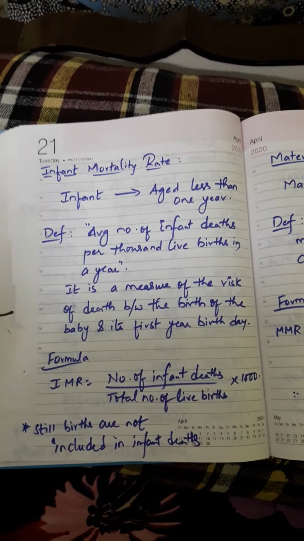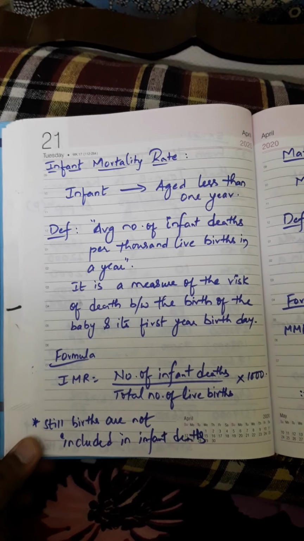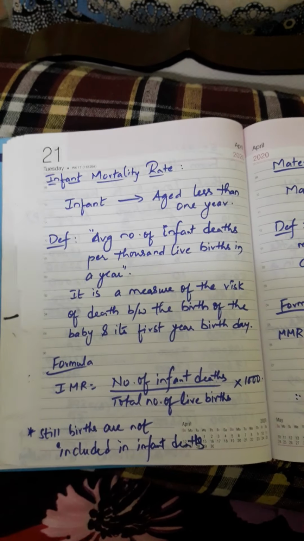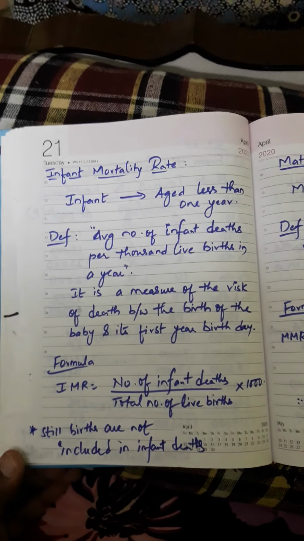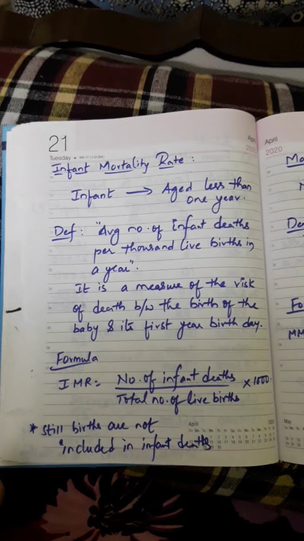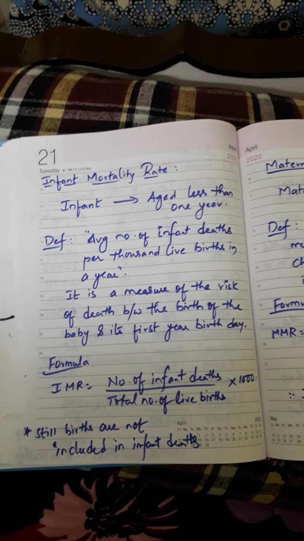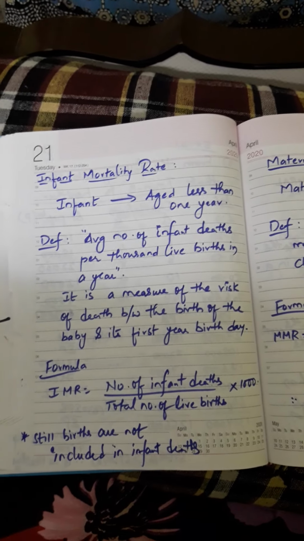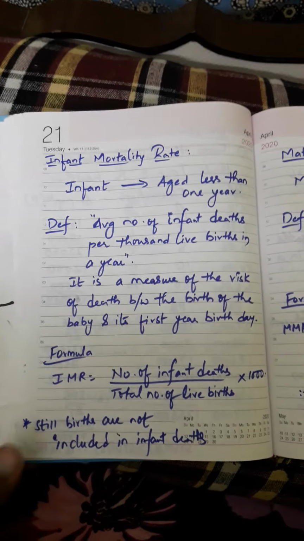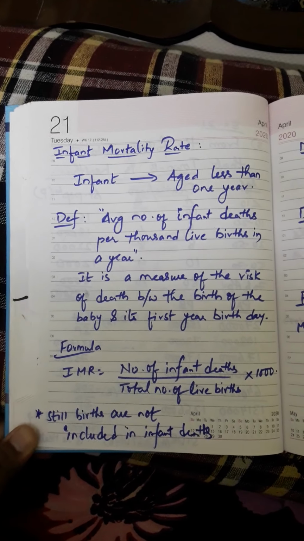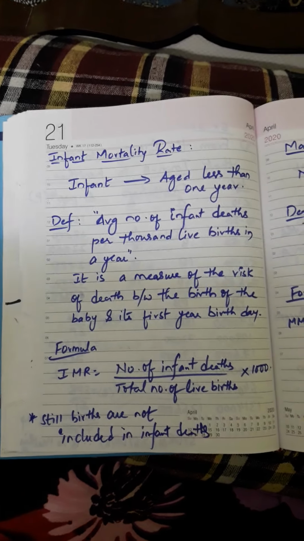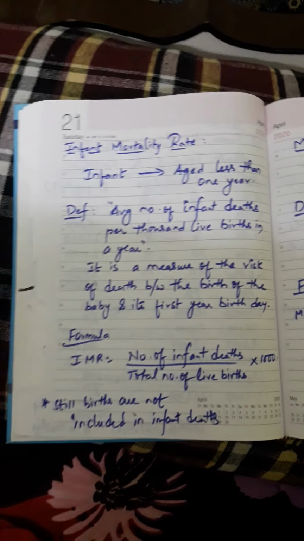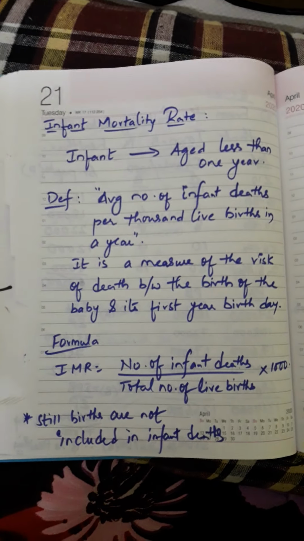Only live births we have considered. And among those live births, how many infant deaths took place? Of course, they are part of the population, but unless and until they have been registered, we cannot say they are part of the population. Clear? So once the registration is done, they are called population. They are under Indian population.